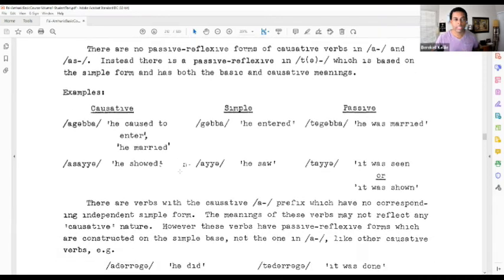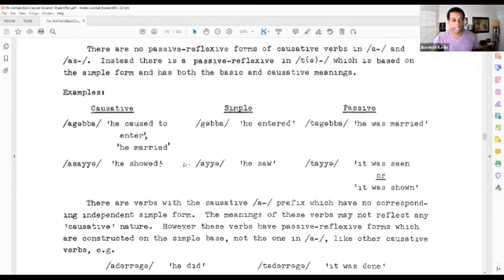So to look at those examples, agabba, he caused to enter, he married, that's a causative form, based on the simple gabba, he entered. And then the passive is tagabba, he was married. So that tagabba references back to the simple.